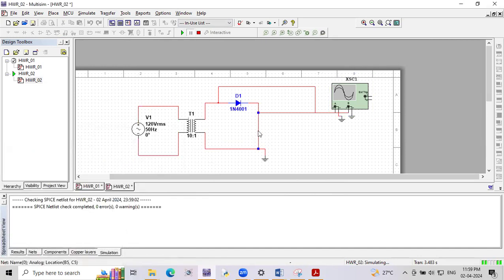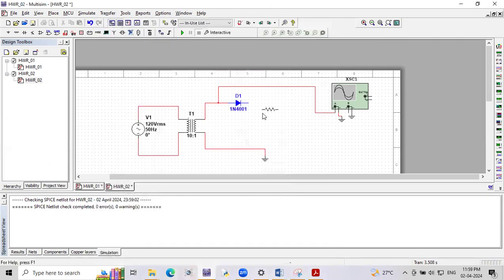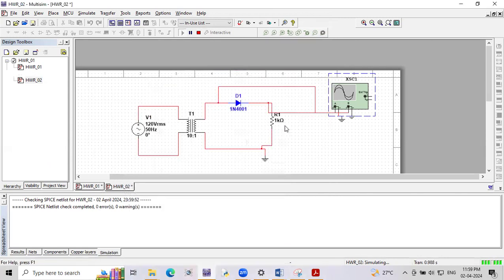Let's go back into the normal circuit. Take down one resistor. Use Control R to rotate. Run, and you're going to get the normal waveform. Okay, normal position. Don't worry about regulation. Find out the ripple factor and efficiency.